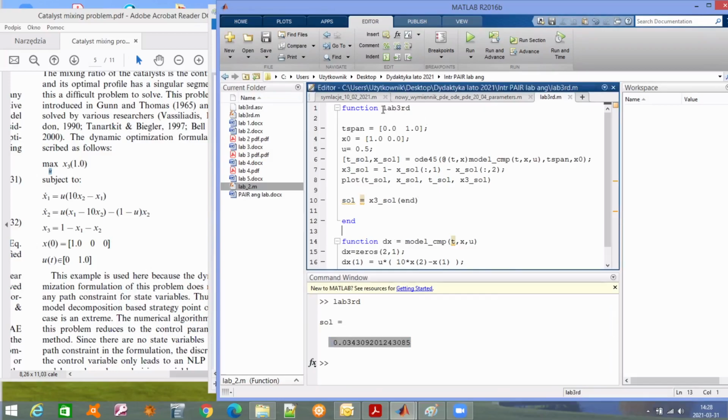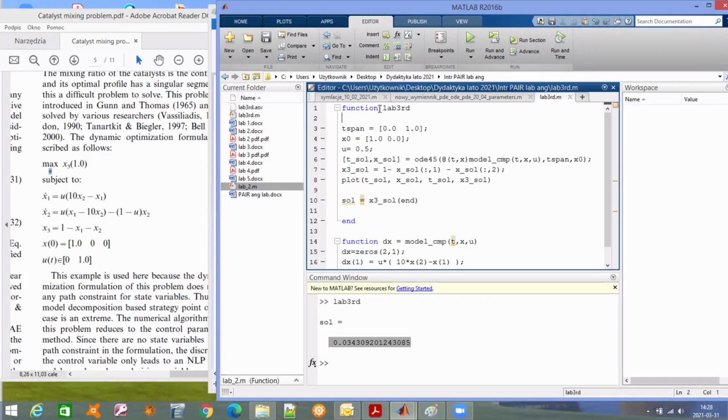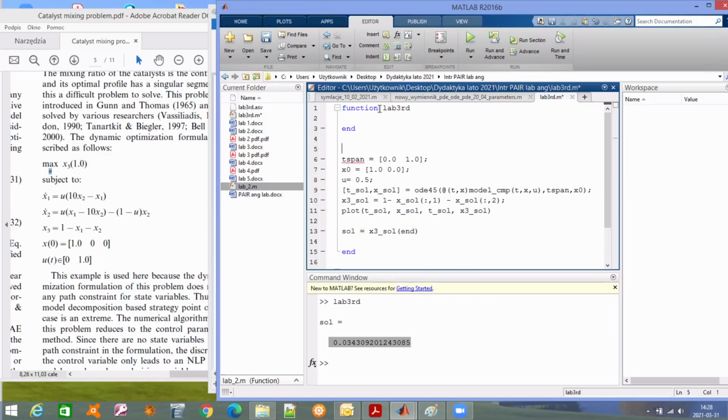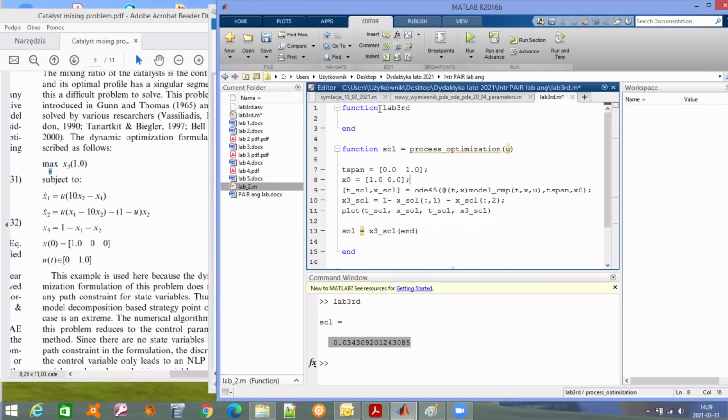And now the last thing what we can do is the part related with optimization. Process optimization. So if we give the other value of u, we have the other solution.